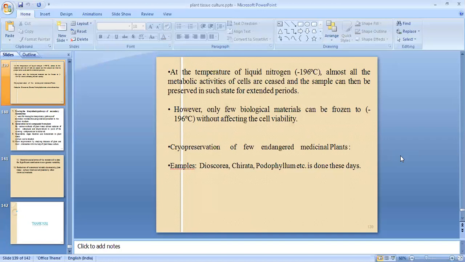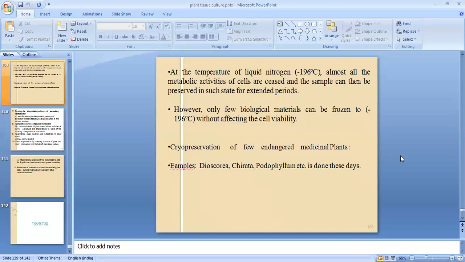So all the metabolic activities of the cells are stopped and the sample can be stored for a longer time without any loss in its characters. In some biological materials, this cannot be done because the cell viability is lost.